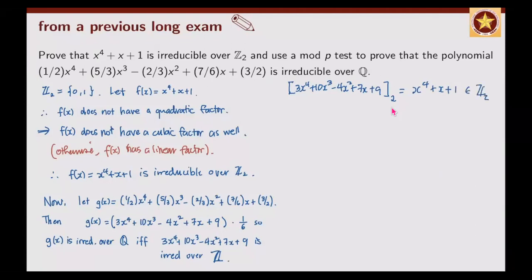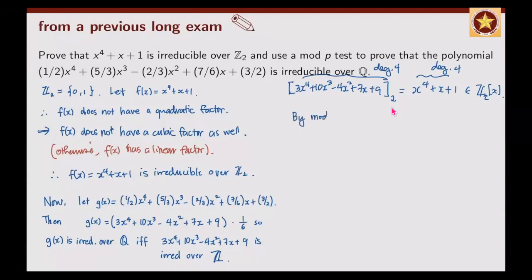This is in Z2[x]. Note that the degree of the reduced polynomial does not change. The degree of this is 4, and the degree of this is also 4. The degree did not change, so the mod p test is applicable.